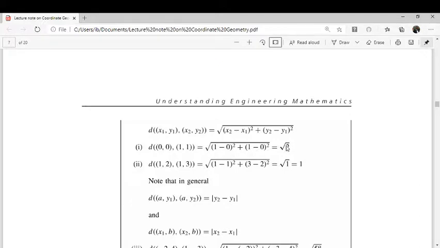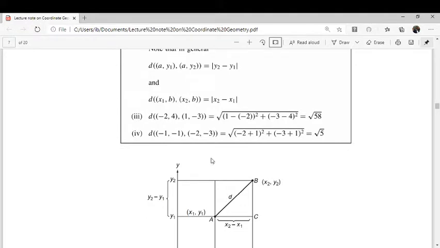When you substitute, you have the square root of this. In the same way, you have this also. When you substitute into your formula, you have this.